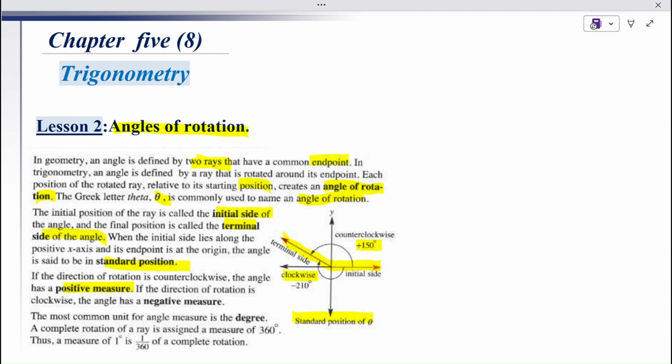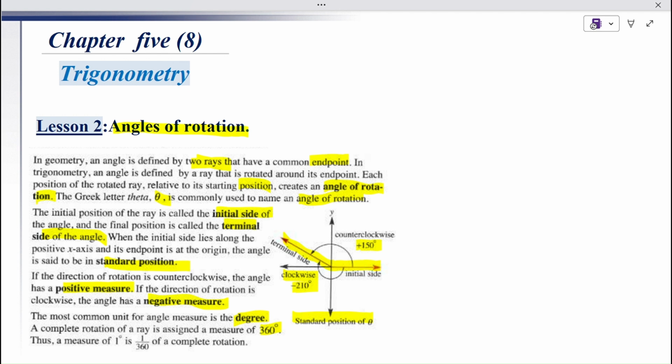The most common unit of angle measure is the degree, of course. A complete rotation of a ray is assigned a measure of 360 degrees. Thus, the measure of 1 degree is 1 over 360 of a complete rotation.